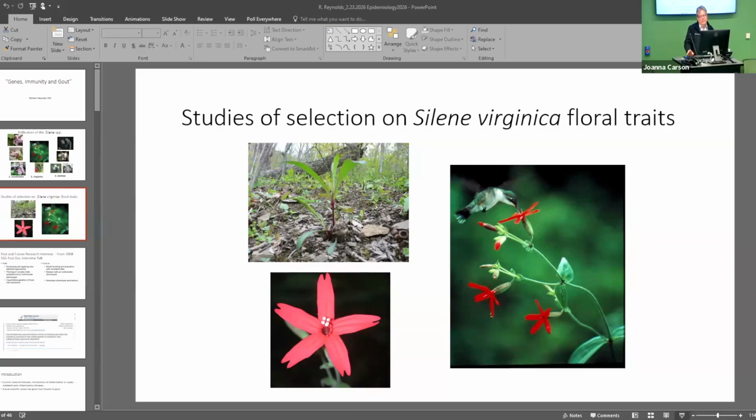That was one of the conclusions of the study: there are these independent axes of genetic variation responsible for the expression of traits associated with gout and its comorbidities.